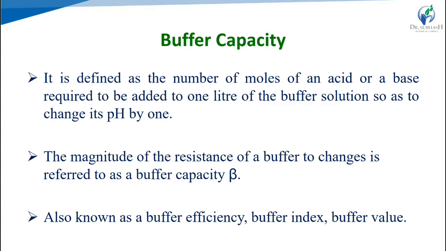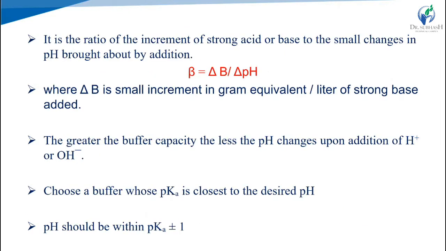The buffer capacity is also referred to as buffer index, buffer value, buffer efficiency or buffer coefficient, and it is represented by the symbol beta. It may also be defined as the ratio of the amount of strong acid or base added to the small change in pH brought about by the addition.